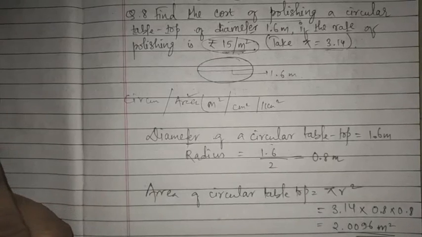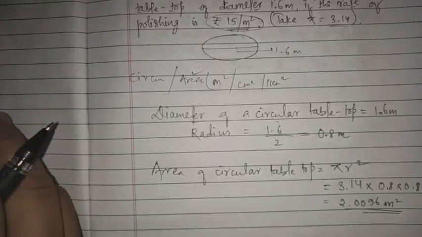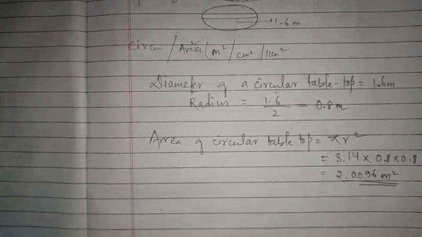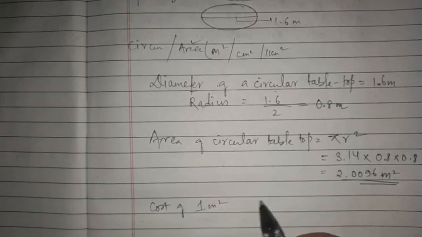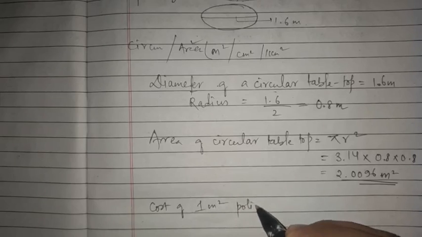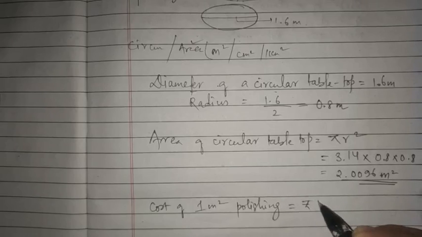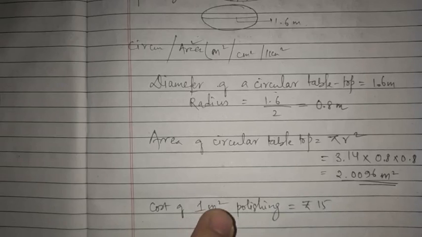So let us write like this. Cost of 1 meter square polishing is equal to rupees 15. That means 15 per meter square, so for 1 meter square they have to pay rupees 15.